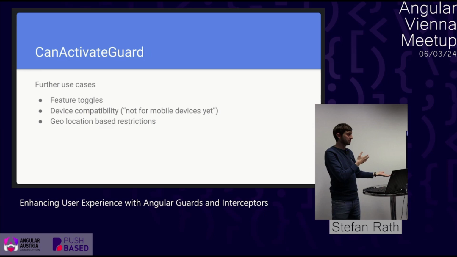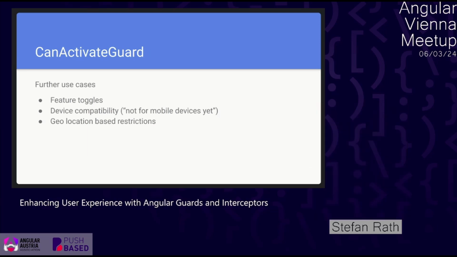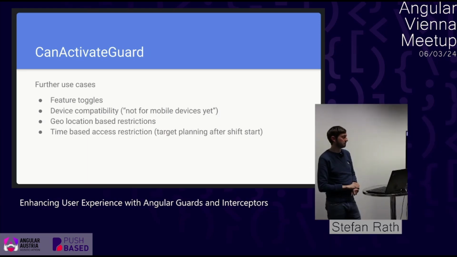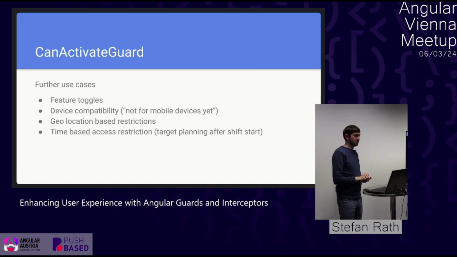Geographic location-based restrictions, we all love them. You can also use guards for this, if people from a certain country are not allowed to visit a certain part of your page. Time-based access restrictions: I have a use case where we have a target planning for each shift for a client's application. And what the people did after the shift, they changed the target because they couldn't fit their goals.